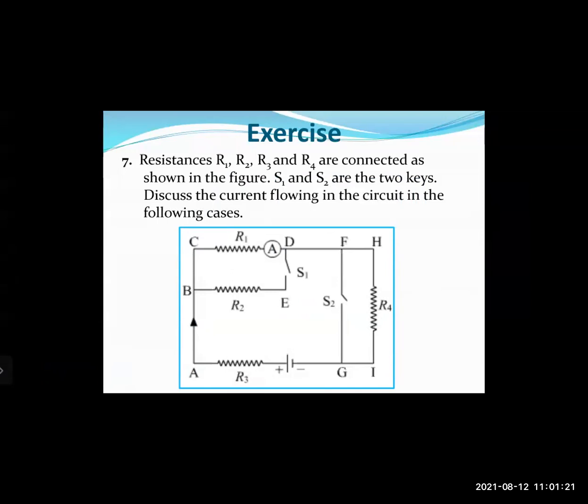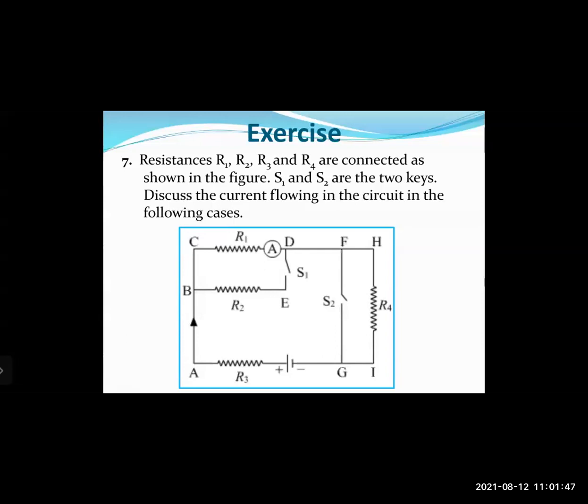What is important here is you need to see that R1 resistor is connected across points C and D, R2 is connected across B and E, R3 is connected across A and G, and R4 is connected across H and I. So we have two switches. First is S1 across D and E, and the second is S2 across F and G, right?